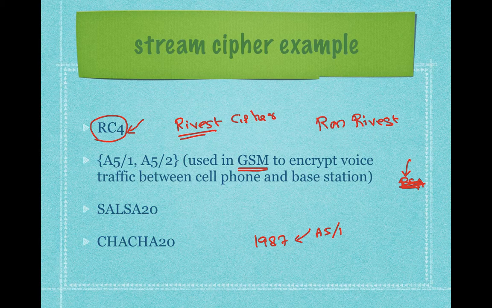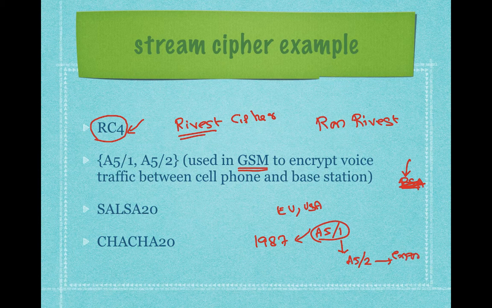This A5/1 was initially used both in Europe as well as in the USA. But within 2 years, they took this algorithm and purposely weakened it. They created a weaker algorithm called A5/2 for export quality.